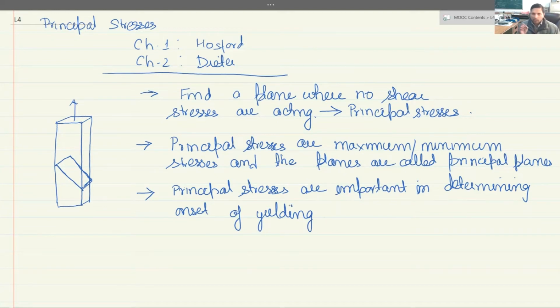For any given element inside a component, you will know all the values of the shear stresses and normal stresses, and from those you calculate the invariants. Once you have the invariants, you use this equation to calculate the principal stresses.